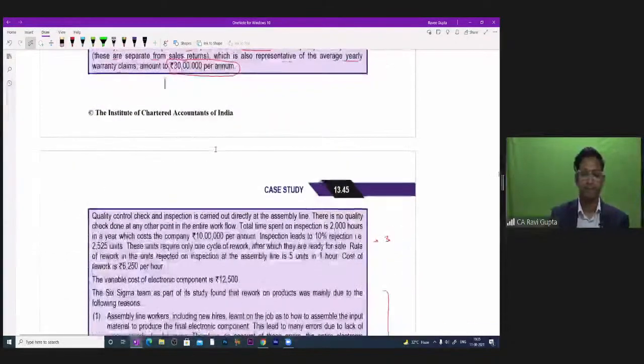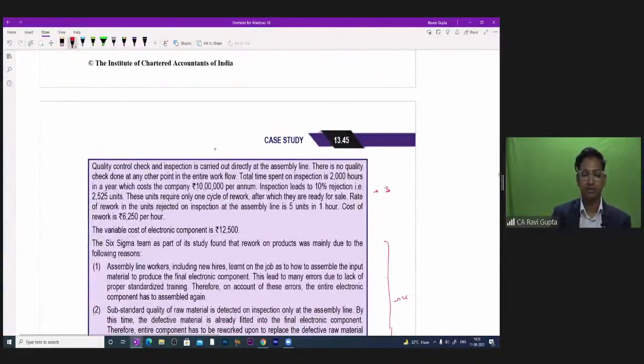Okay. Quality control checks and inspection are carried out directly at the assembly line. There is no quality check done at any other point in the entire workflow.